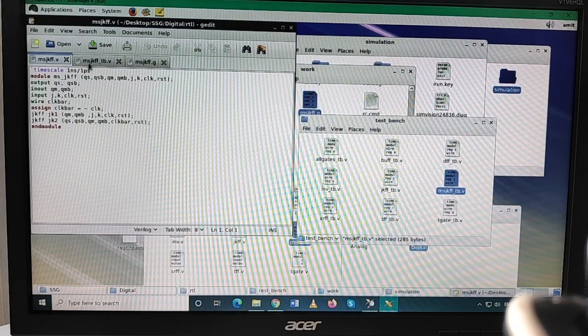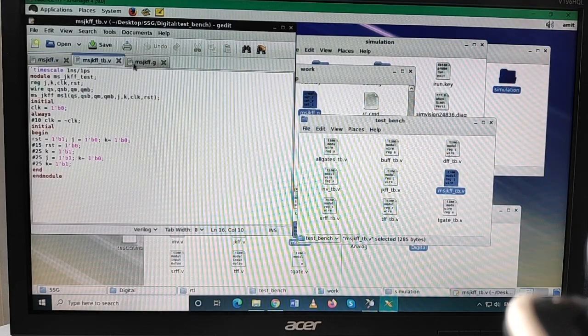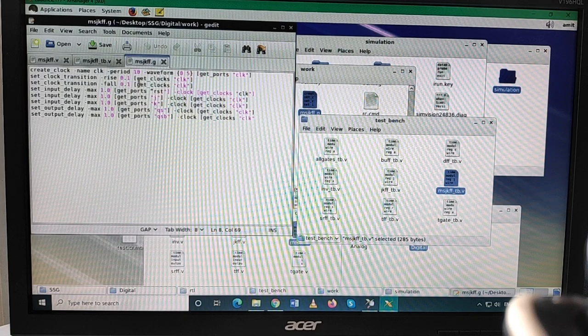So this is my code, this is my test bench, and this is the constraints file. Okay, so let us simulate.